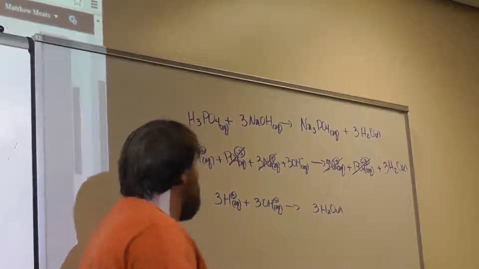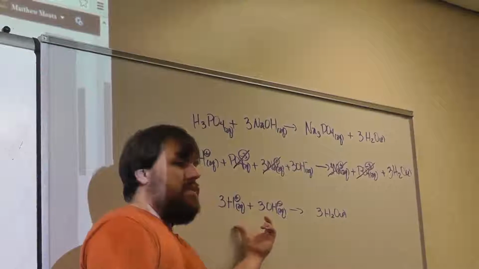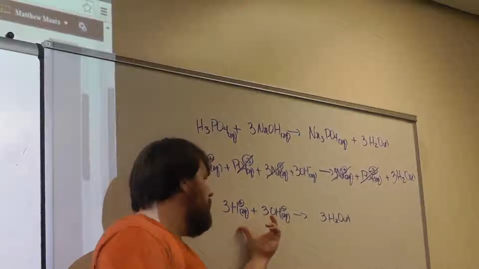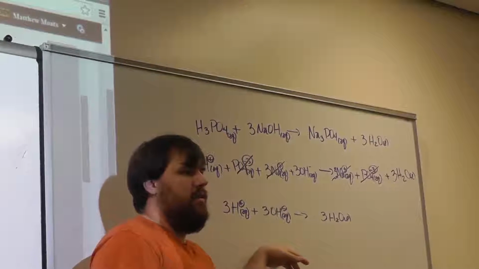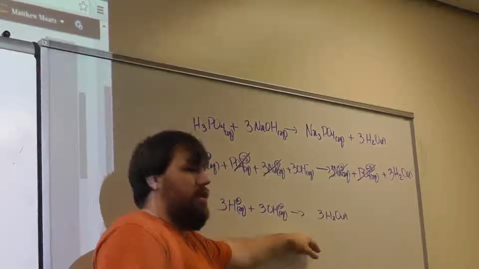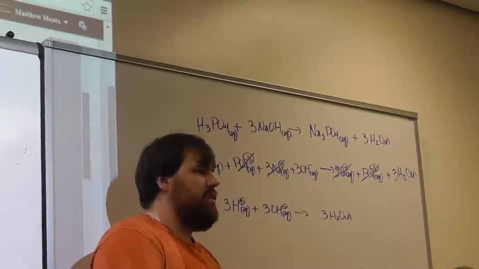Did anything happen with the sodium besides it giving up its hydroxide? No. This was a neutralization reaction, because that hydrogen and hydroxide are eliminating each other. So when you get down to what is actually happening, this should be all you have. Your net ionic is literally just what's happening there.